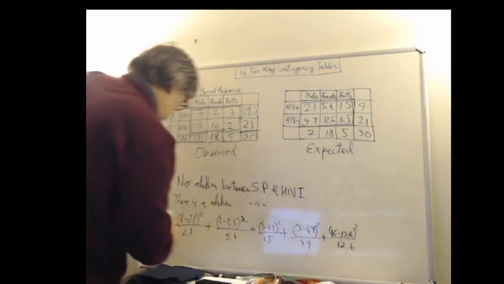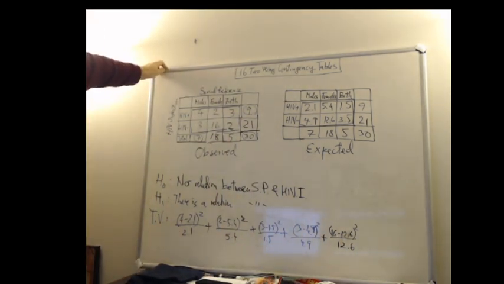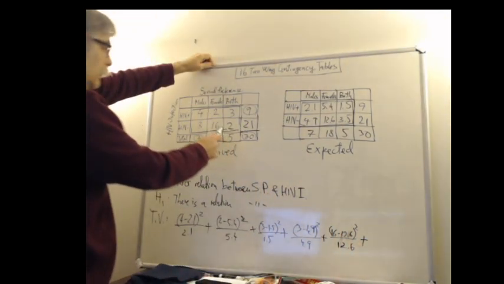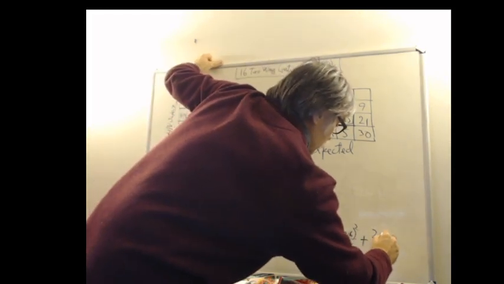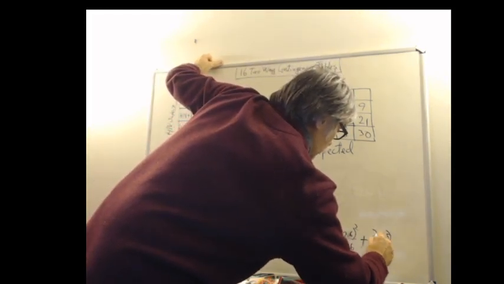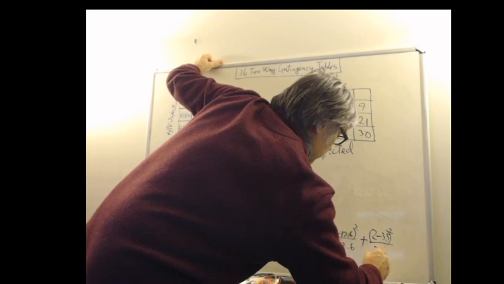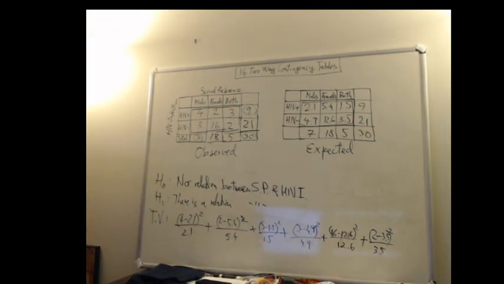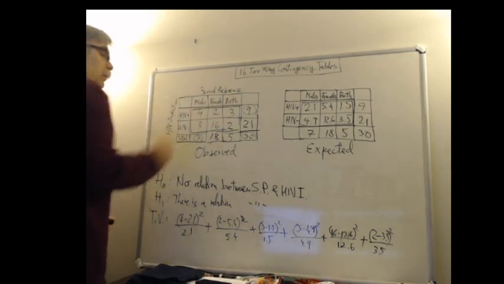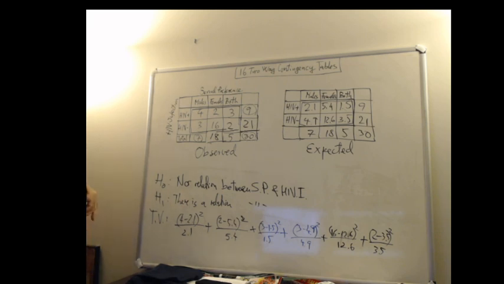And I have the last one, 2 minus 3.5. You have to square that and divide with 3.5. That's a chi-square variable with 2 degrees of freedom. Again, 2 degrees of freedom because for the sexual preference there are 3 values, so 2 degrees of freedom.